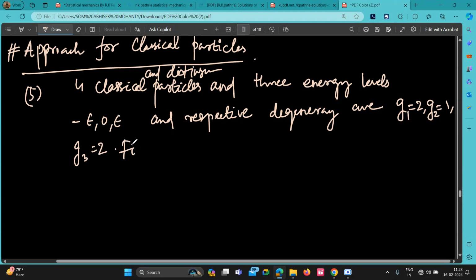Find the partition function. Okay, four classical and distinguishable particles and three energy levels, minus epsilon, 0, epsilon, respective degeneracy G1 is 2, G2 is 1, G3 is 2. Find the partition function.